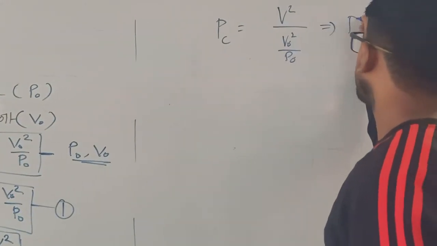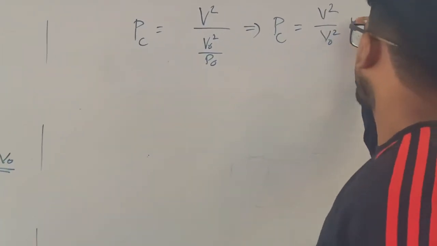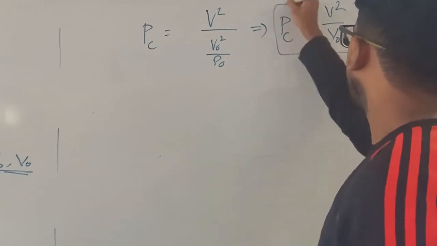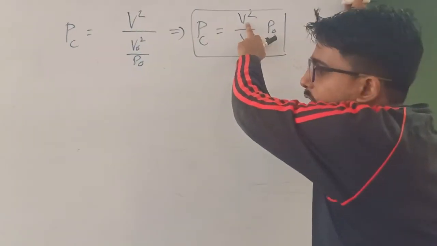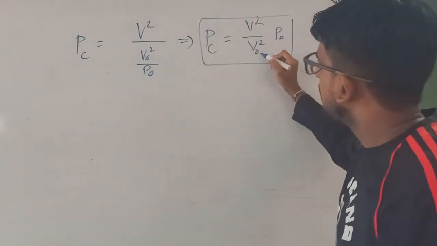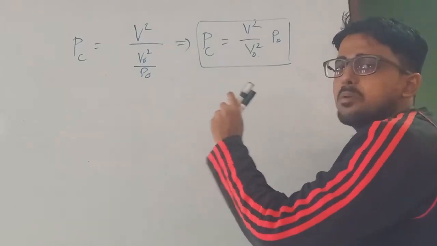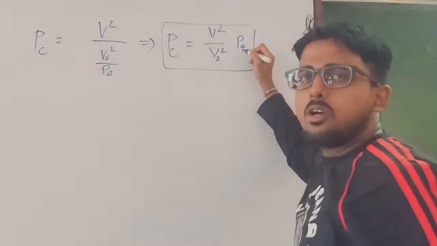This can be written as power consumed equal to V square by V naught square into P naught. This is the expression for power consumed by the electrical bulb, where V is the applied potential difference and V naught is the potential difference rating given by the manufacturer, and P naught is the power rating given by the manufacturer.